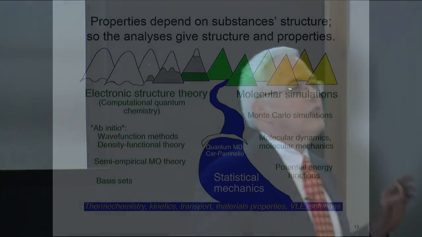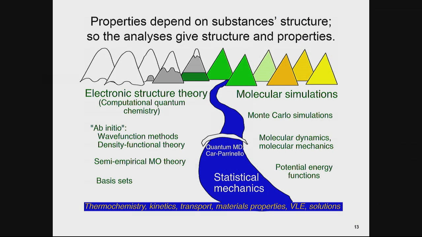If we want to move towards prediction or predictions that we can use to compare against data, ultimately we have to know that properties depend on structure of materials. I show this cartoon to suggest the two major branches. One is using electronic structure theory, the other so-called molecular simulations. Molecular simulations could be used inclusively, but more commonly it's used to describe a physical, mechanical sort of description, typically based on Newton's second law.